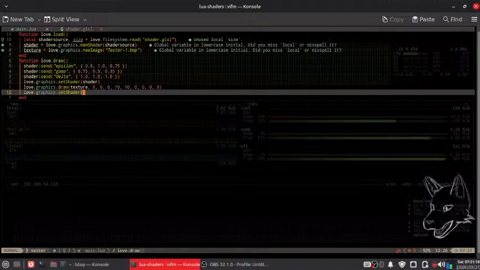So there are 3 individual sliders, and there's also the gamut at the very end.